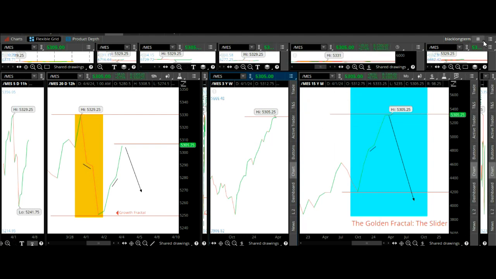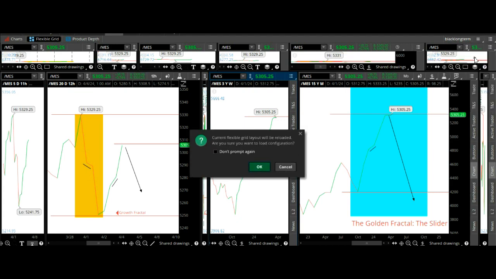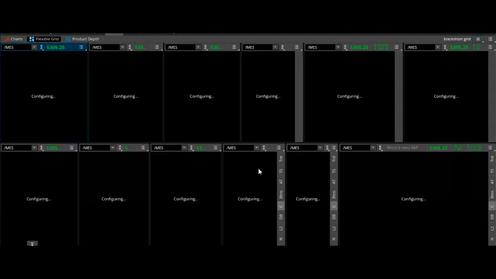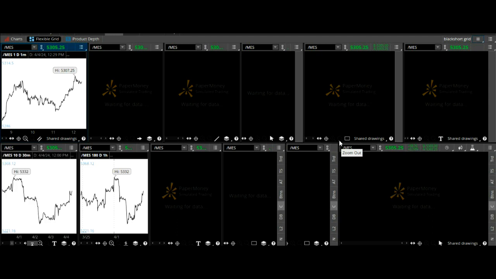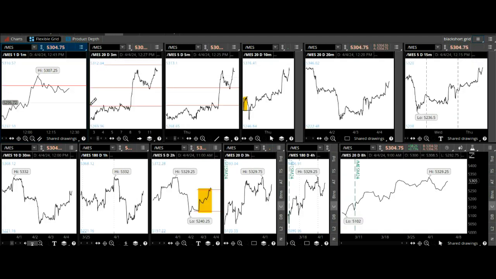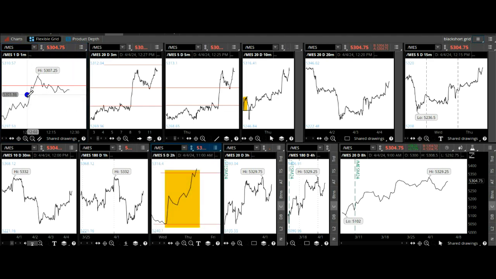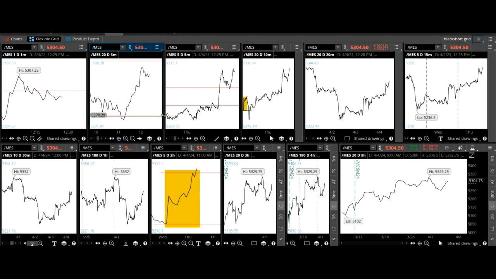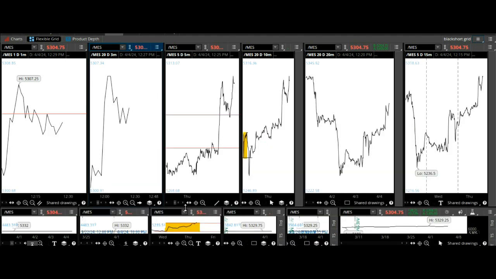Looking at the macro grid here, and if we go to the microgrid, okay, with this one here, that's the trade we did today. Do we have anything? Not well. 3-minute time frame. Yeah, if you're a trader, you got another fractal here.